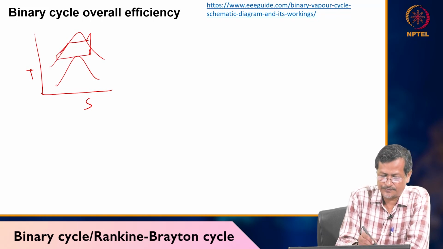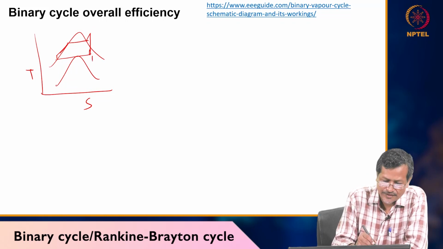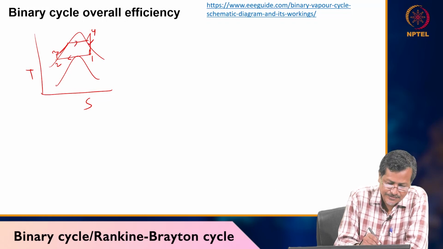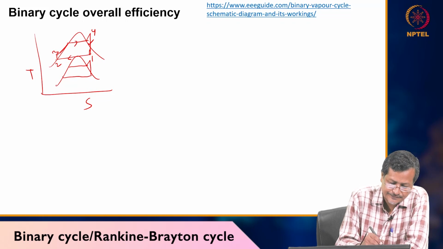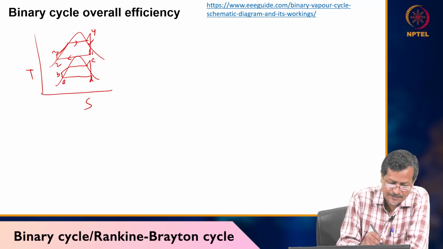So point 1 is here, 2 is here, 3 is here, 4 is here. Then the other cycle is here: C, D, A, B.